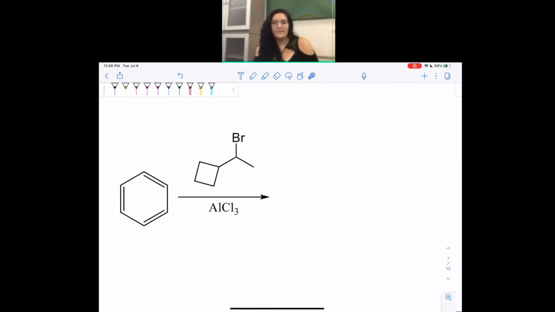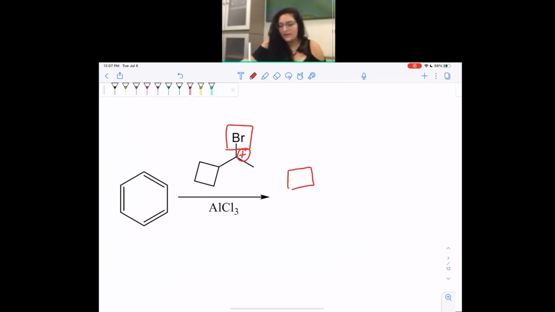All right. So this is a Friedel-Crafts alkylation. And when we talk about the alkylations, we're going to do the rosemary method where we kick that off and we add a plus. So we end up with this guy. Is this the best carbocation that we could have?